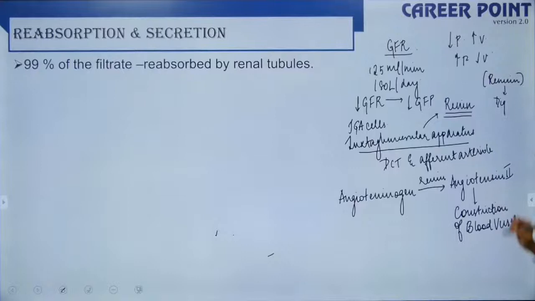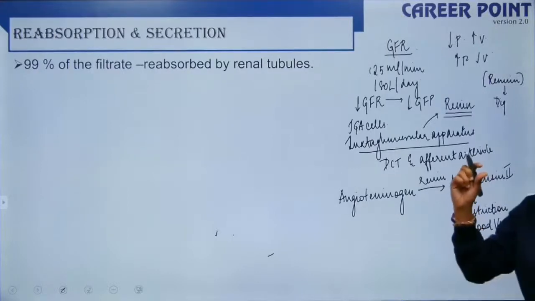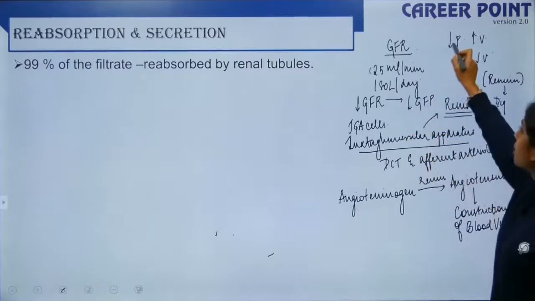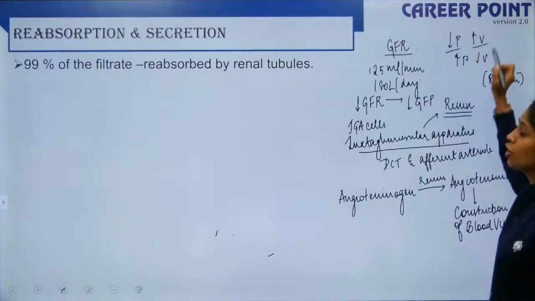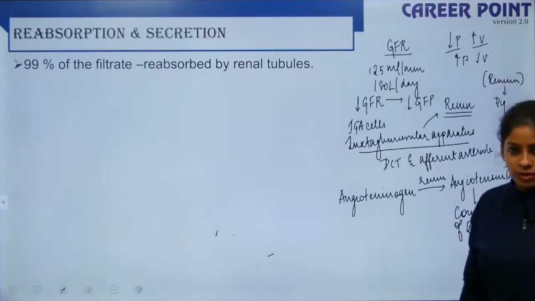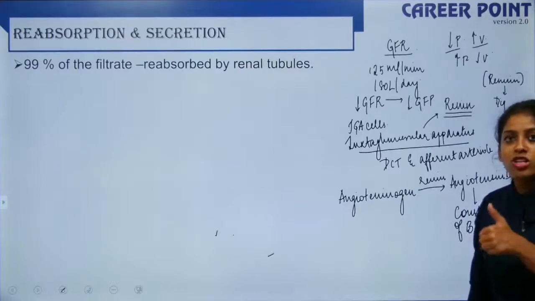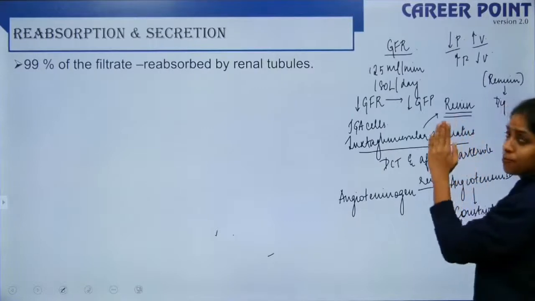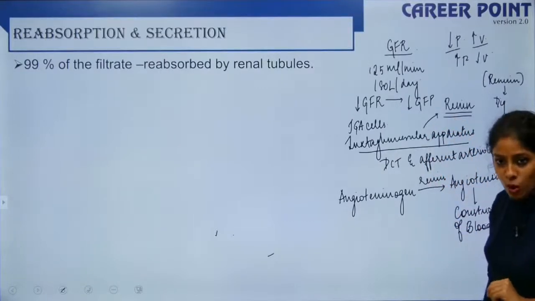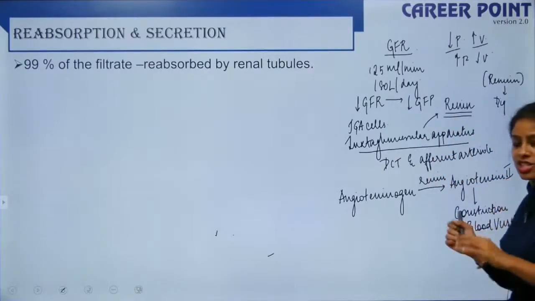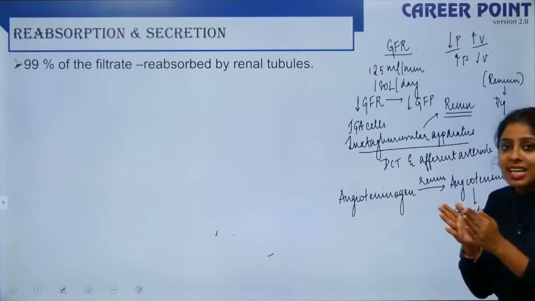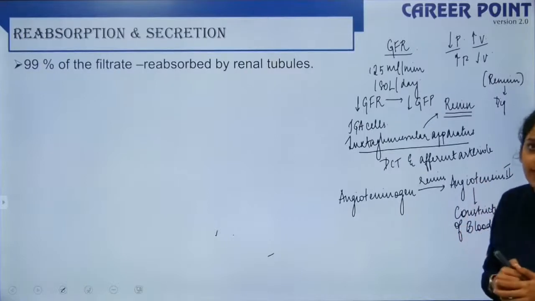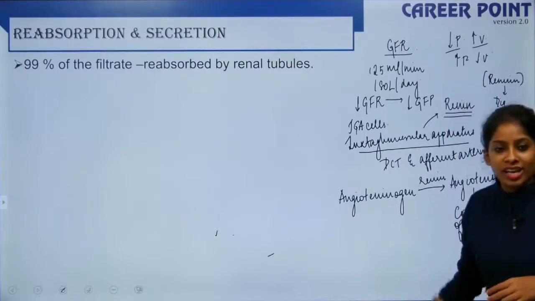This angiotensin causes constriction of the blood vessels. Why? If I say the pressure is less, then the volume in the blood vessel is greater, because pressure and volume are inversely proportional. Now if I want to increase the pressure, I have to decrease the volume. Thus angiotensin constricts, that is, it reduces the volume of your blood vessel. This is how the regulation happens.